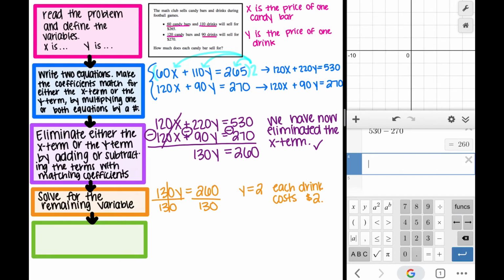The question asked us to find the cost for each candy bar. So the final step to solving this system of equations by elimination is to take our solution, plug it in for that variable, and find the value of the second variable.